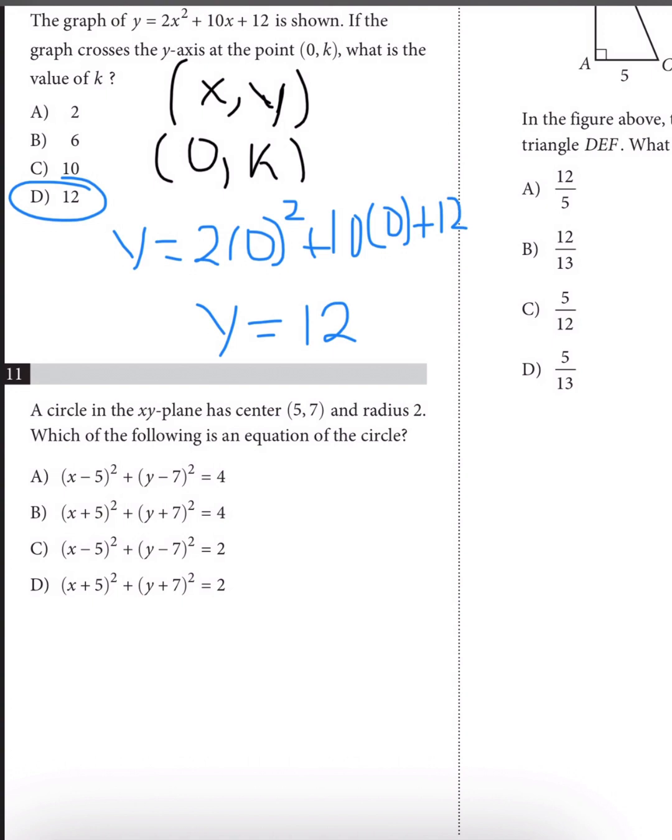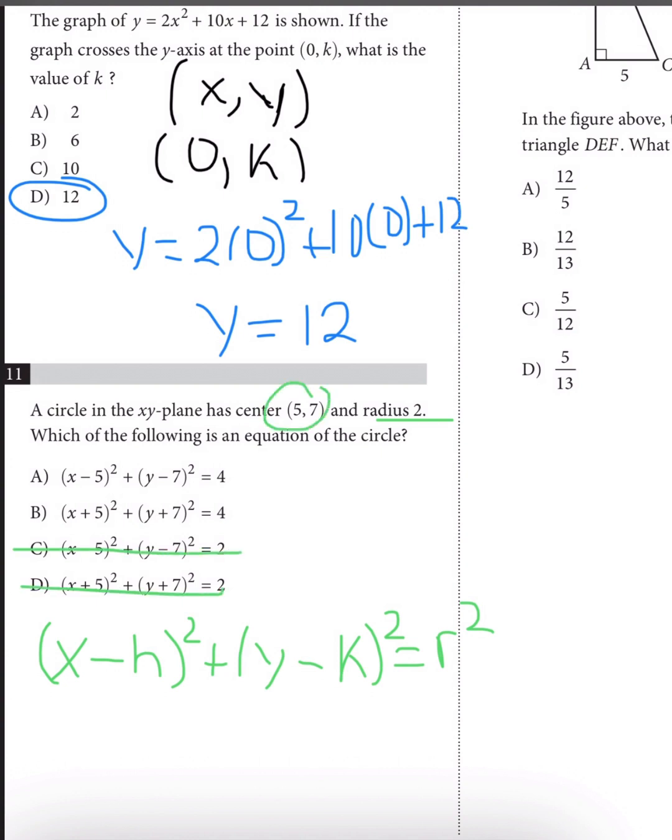Okay, so a circle in the xy plane has a center 5, 7, and the radius 2. Which of the following is the equation of the circle? So, an equation of the circle, if you guys know, is x minus h squared plus y minus k squared equals radius squared. So the radius has to be squared, so it can't be this or this.